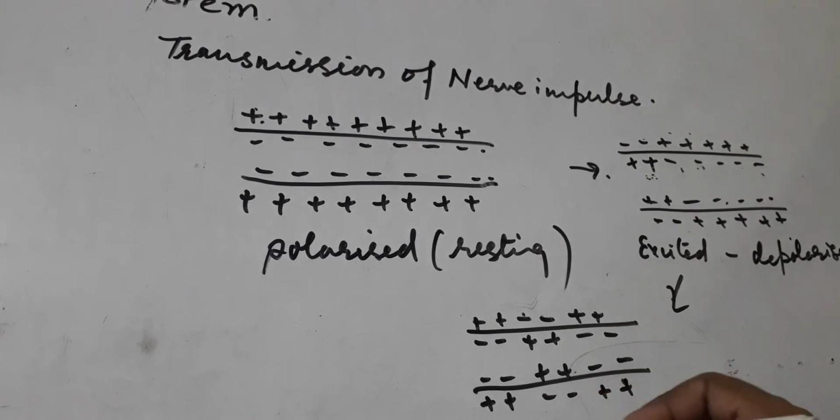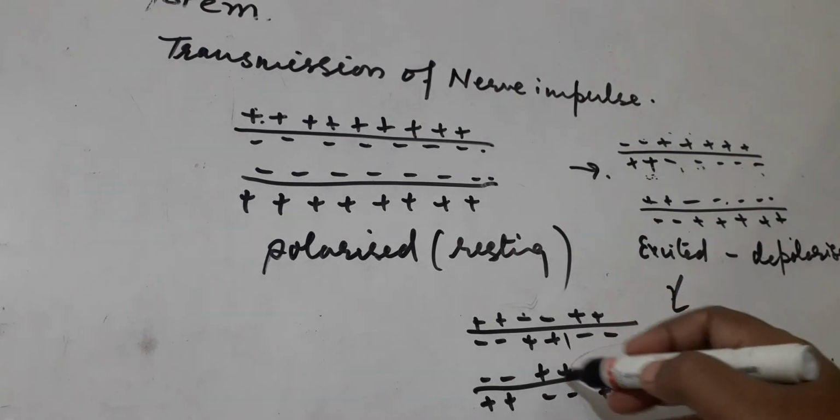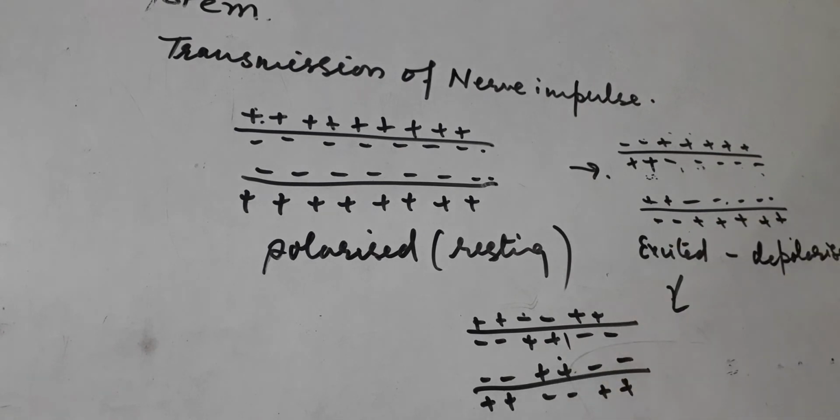Repolarized. And now this area becomes excited. So in this way, the stimulus moves through the neurons.